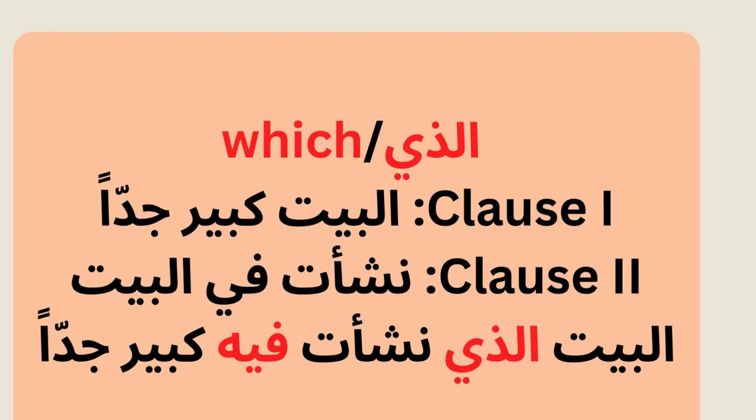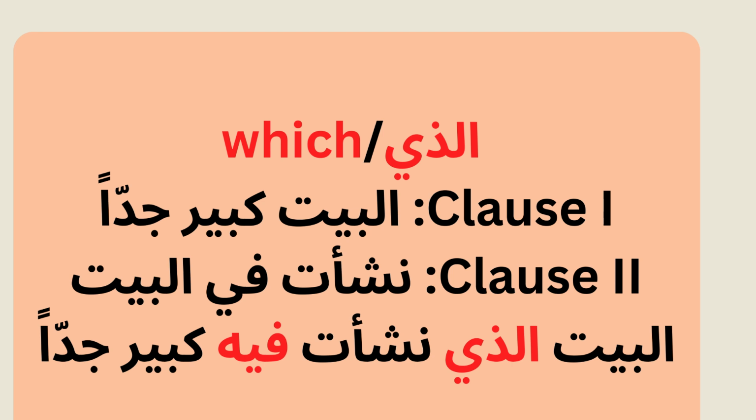الذي can replace a noun which is the object of a preposition in the second clause. We'll look at the following example. البيت كبير جدا. The house is very big. نشأت في البيت. I grew up in the house. البيت الذي نشأت فيه كبير جدا.